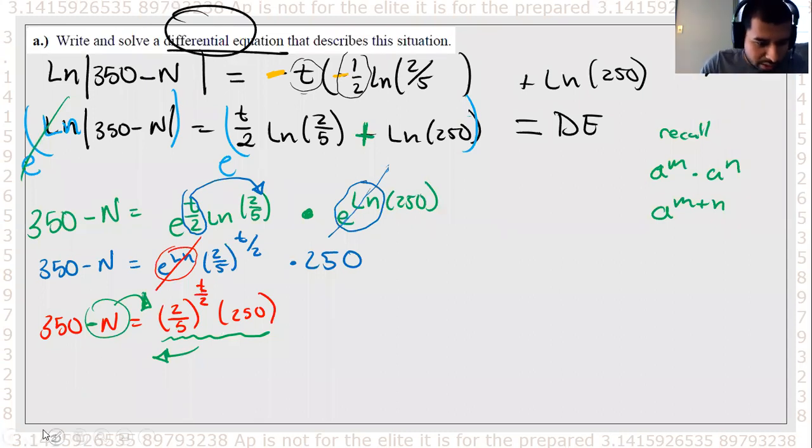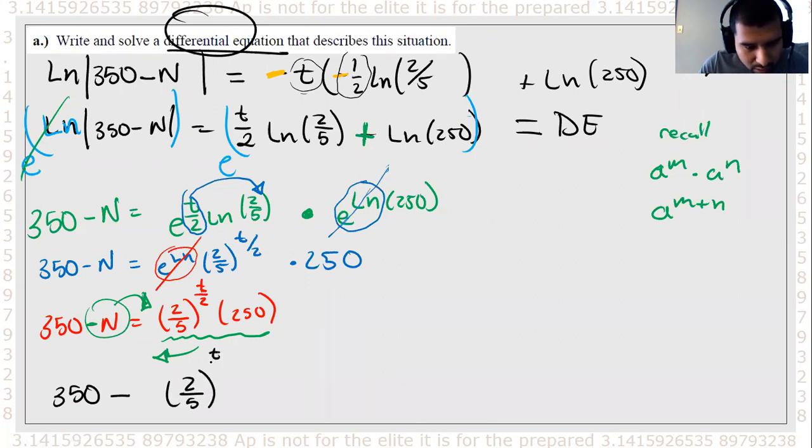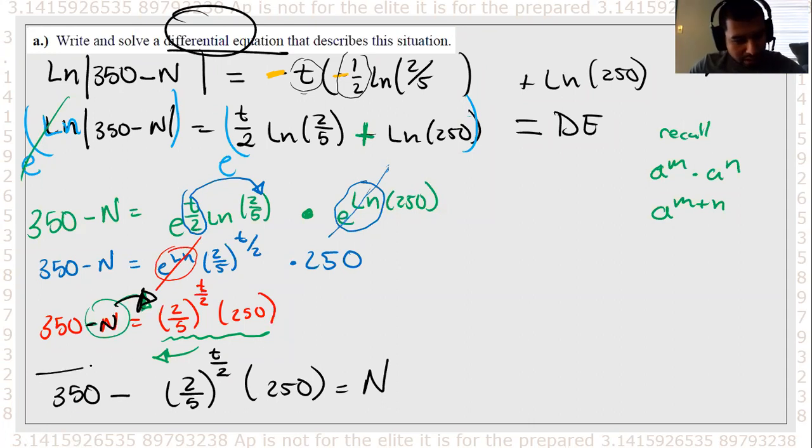Our final answer is going to be 350 minus (2/5)^(t/2) times 250 equals n. The n was negative, but I moved it to the right, so it's positive now. This right here, guys, is how to solve for n.